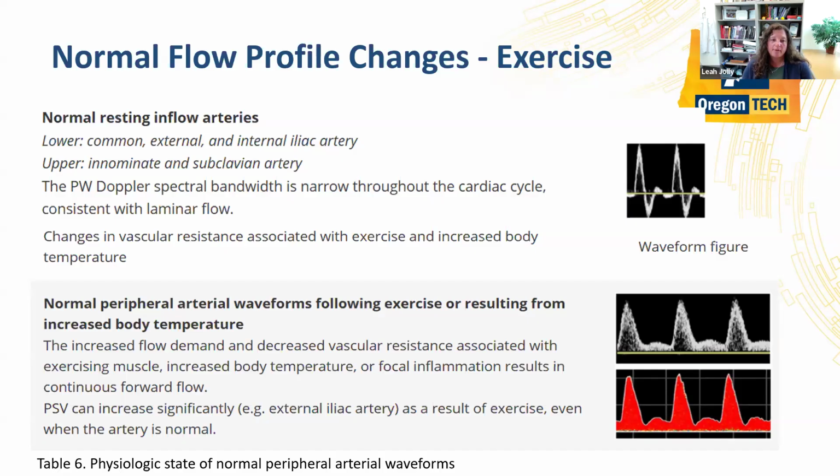Another case where this can happen is if your patient, say, has an infection or a wound in their leg, especially down towards the foot, the arterioles will dilate to help get more flow down there and try to help heal the situation. So in that case, it's not necessarily normal, but they may not actually have an obstruction of flow. It might be that they're trying to heal the inflammation or infection in their leg.